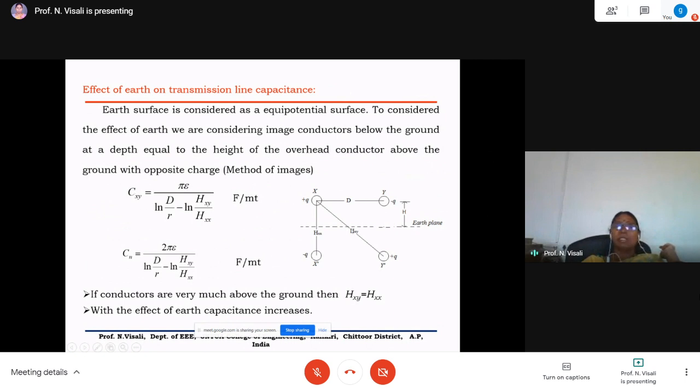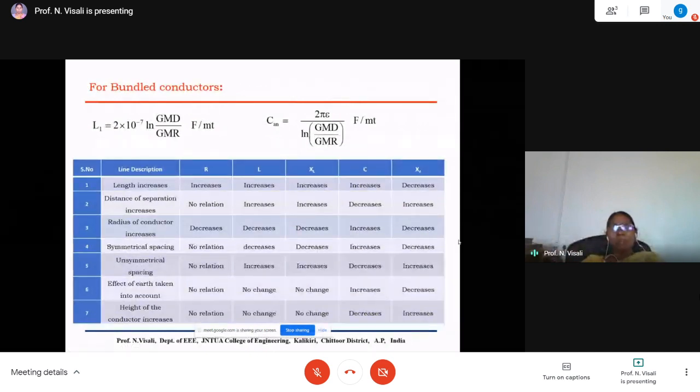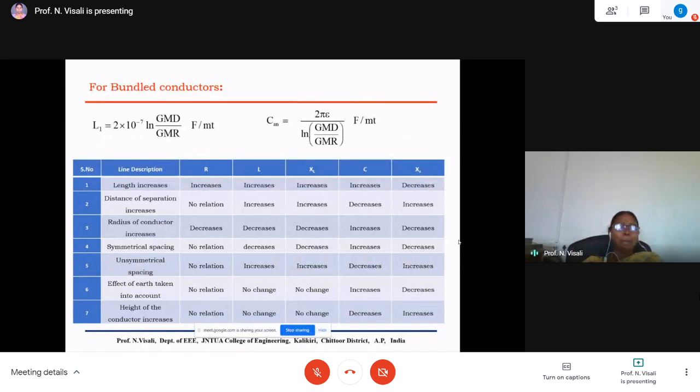In all the calculations we have not discussed the type of conductor. Simply we are taking that a conductor is there, displaced by some distance D, and we are able to calculate the inductance and capacitance values.